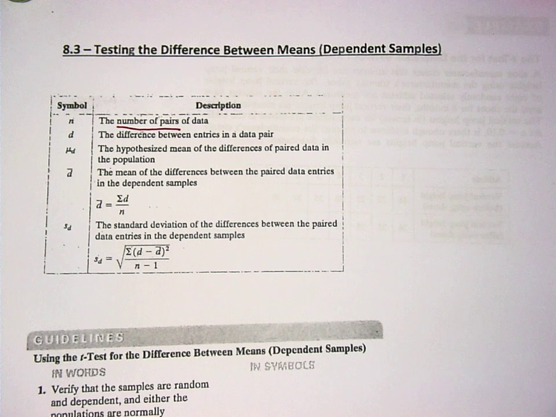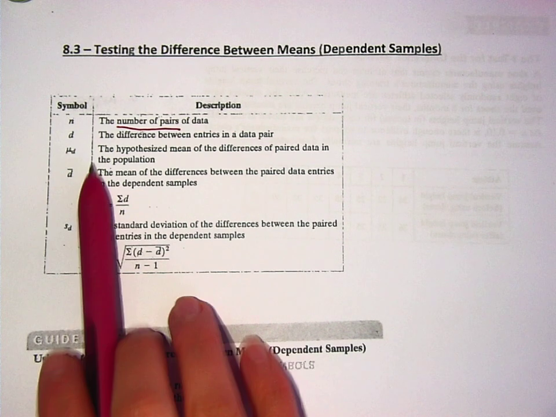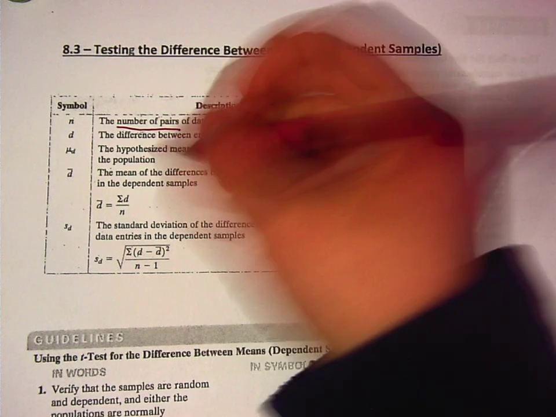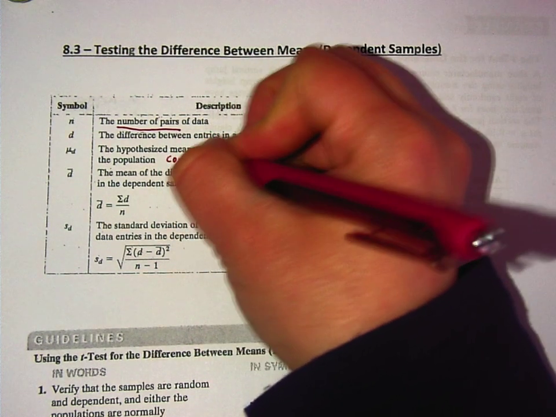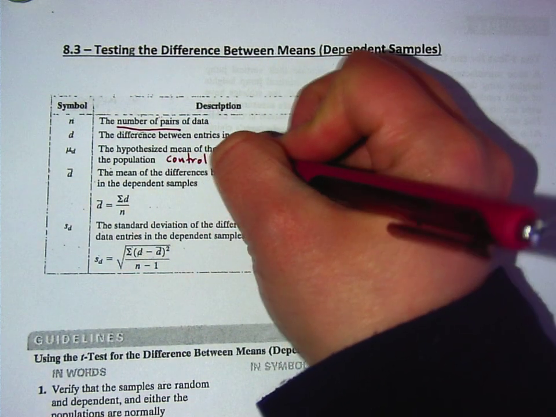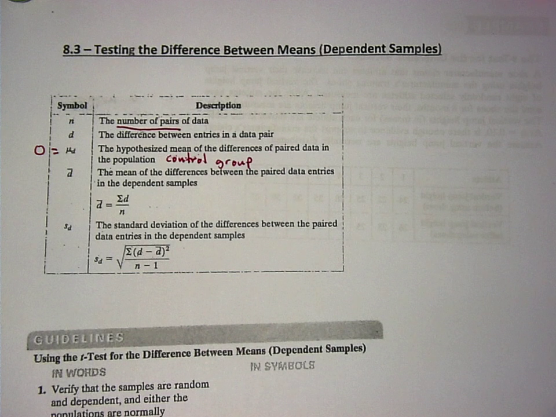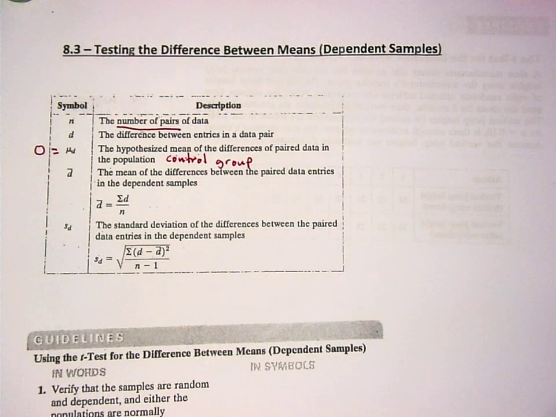Do you understand what differences are? The mu sub D is the hypothesized mean of the differences of the paired data. This is your control group, which means that the mu sub D should equal 0. The D bar is the mean of the differences.